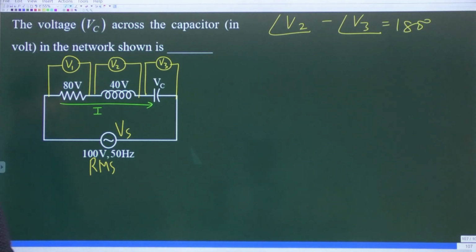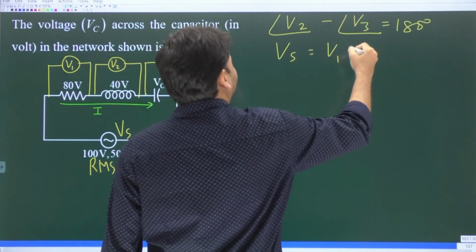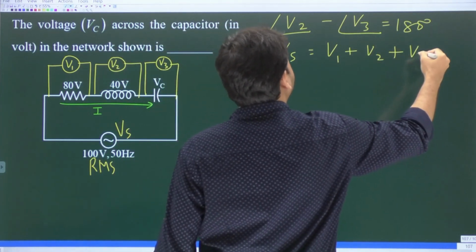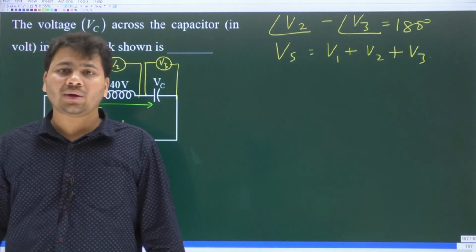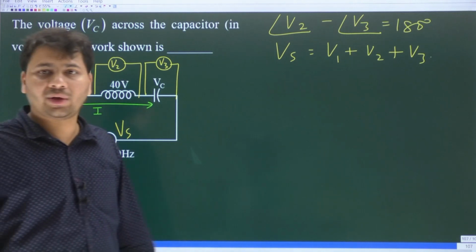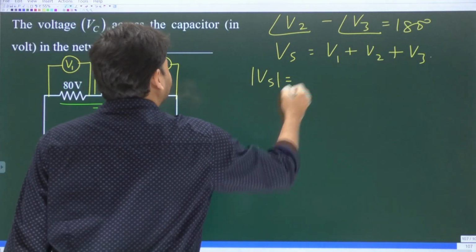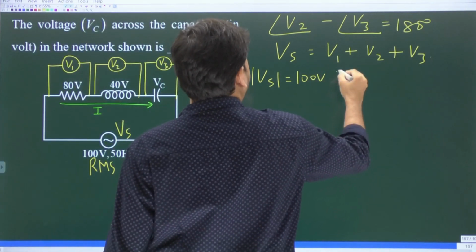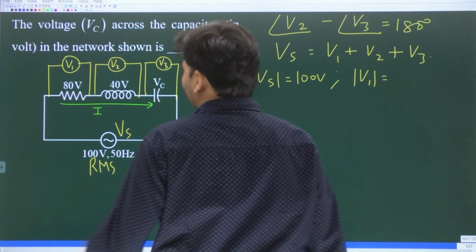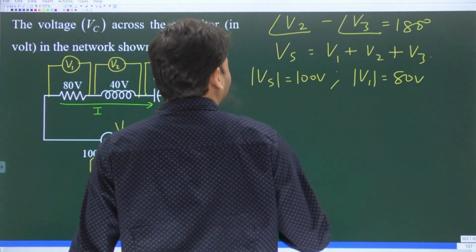And also, can't we write KVL around this loop? If you write KVL around the loop, won't you get Vs equal to V1 plus V2 plus V3? Already mod Vs is 100 volts, and mod V1 is 80 volts.